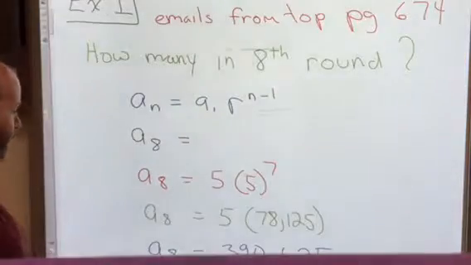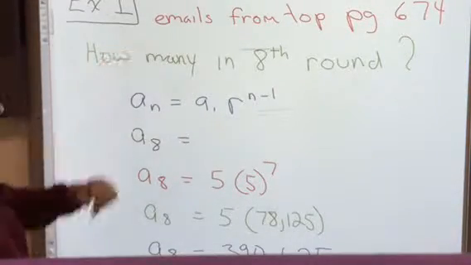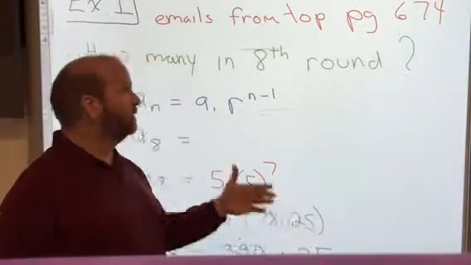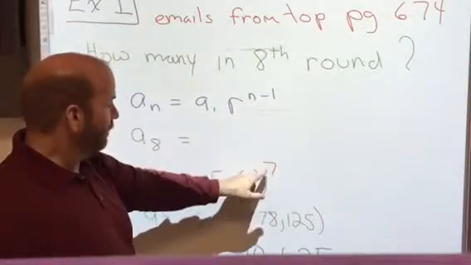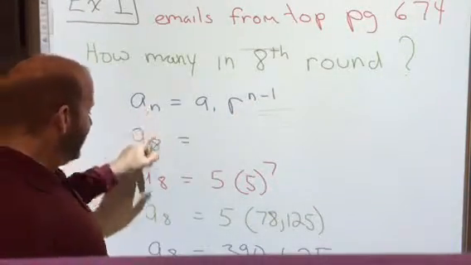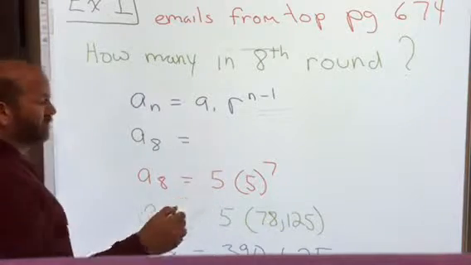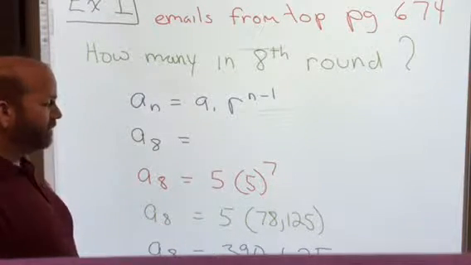So let's go back and look at what we'll do here. How many in the 8th round? So the 8th round is 8. N equals 8. So 8 minus 1 is going to give 7 here and 8 there. So a sub 8 equals a sub 1 times r to the 8 minus 1. What's the first term?